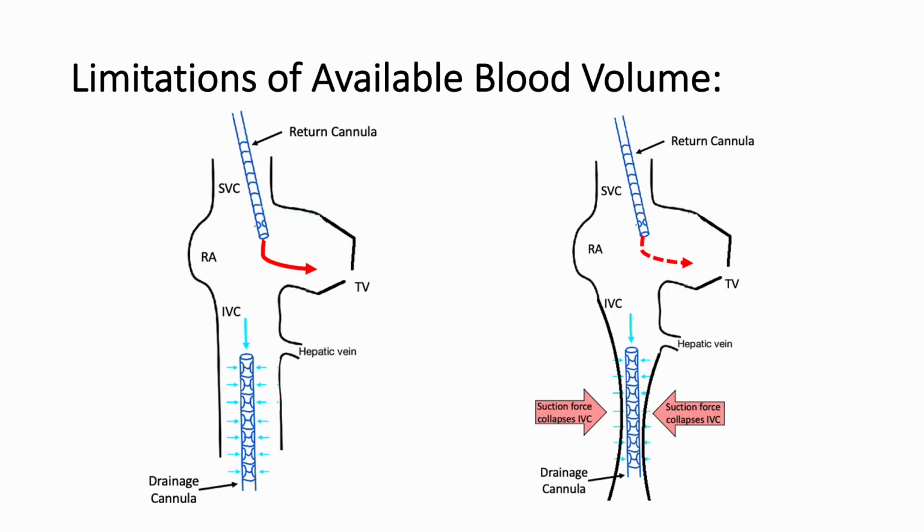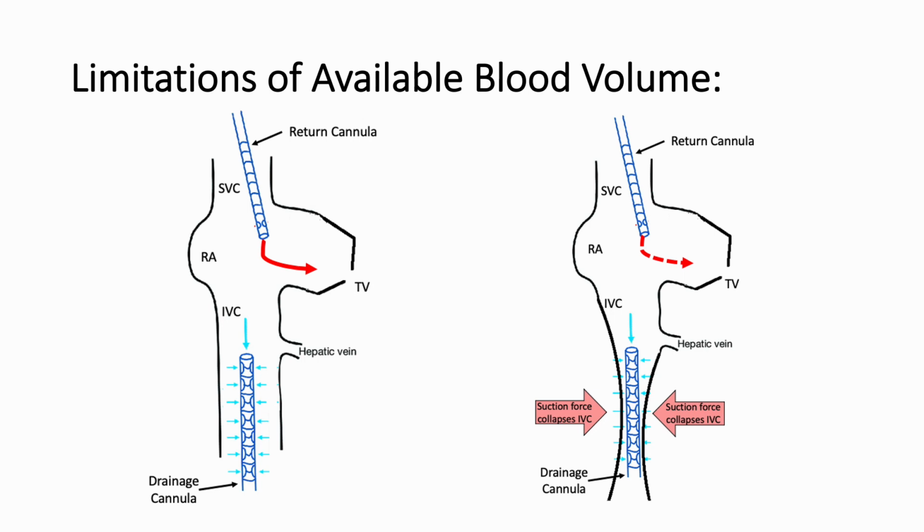Even if the RPMs could be infinitely increased without the negative effect of hemolysis, patients would still run into issues as the blood being drained into the drainage cannula outpaces the amount of blood returning to the venous system through the SVC and IVC. The amount of blood available for entry into the VV-ECMO circuit is termed preload.